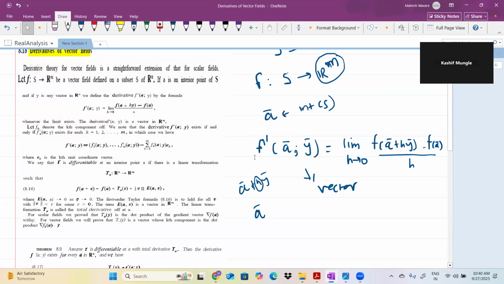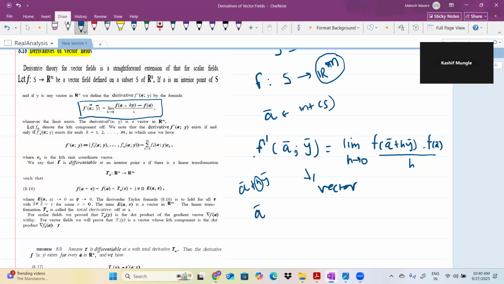Now here, the definition of the derivative of f at a point, at a vector a, in the direction y. In this book, the notation of vector is not used. As far as vectors are concerned, a bold letter is used, and for scalars, non-bold font.